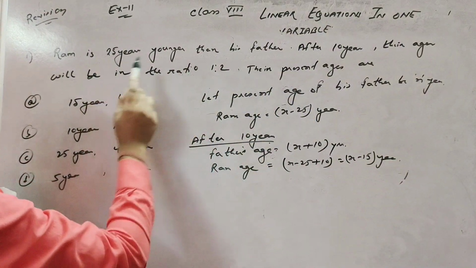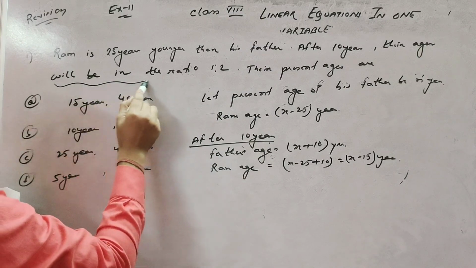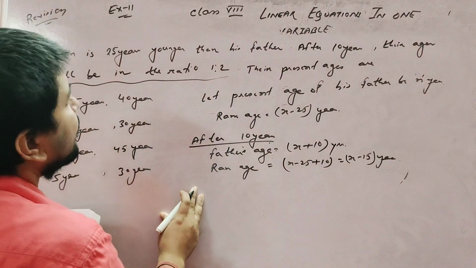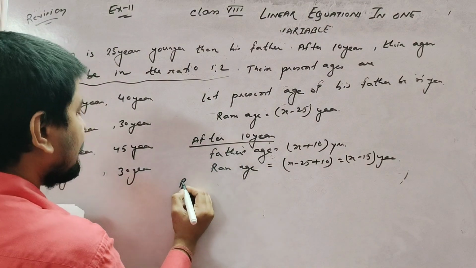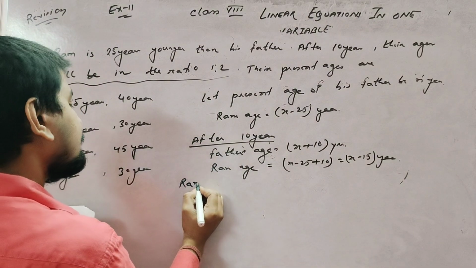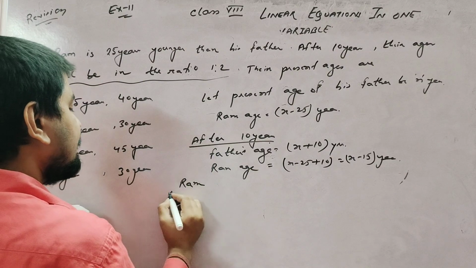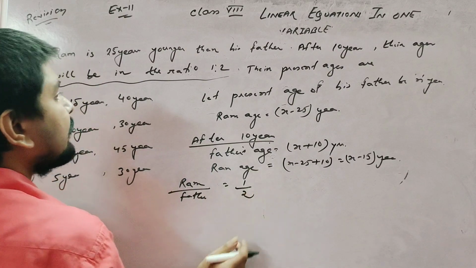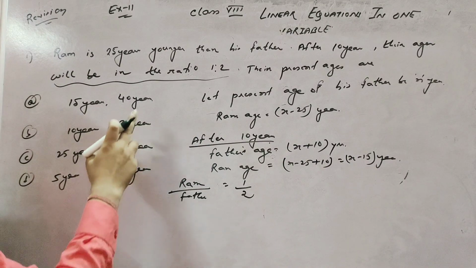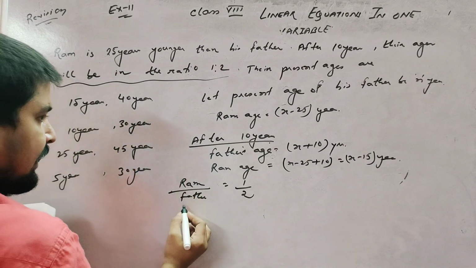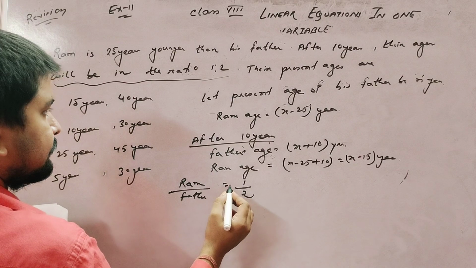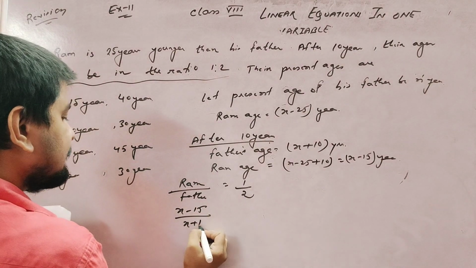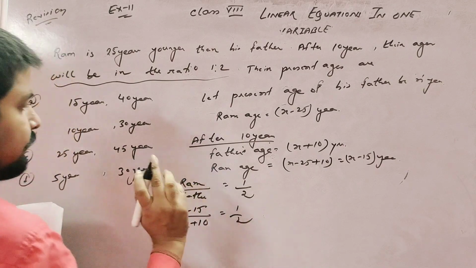So after 10 years their ages will be in the ratio 1:2. Ram is younger than his father, so Ram and his father's ages are in the ratio 1:2. Ram's age is x minus 15 and father's age is x plus 10, so the ratio equals 1/2.